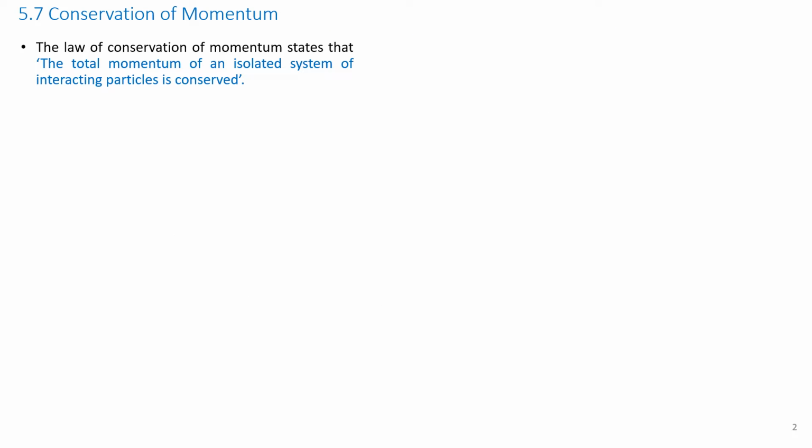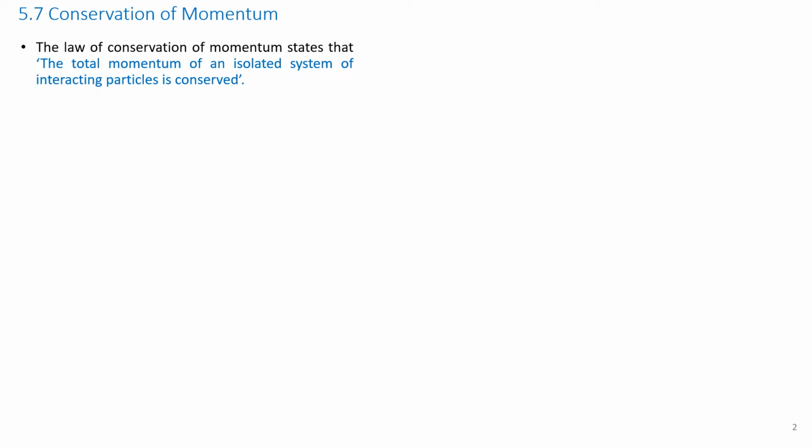Conservation of momentum. The law of conservation of momentum states that the total momentum of an isolated system of interacting particles is conserved. We know that the second and third law of motion lead to an important consequence, the law of conservation of momentum. Take a familiar example. A bullet is fired from a gun.